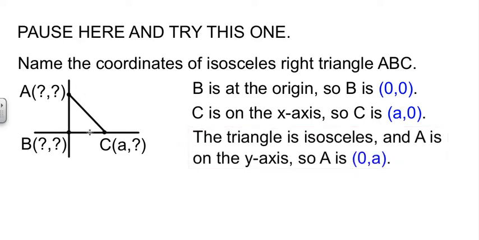Since they told me this is isosceles, if this line is A units long, then this one is as well. And since it's on the y-axis, that would be 0, A. Okay. If you put 0, B, then you miss the part about it being isosceles, and that was the key piece there.